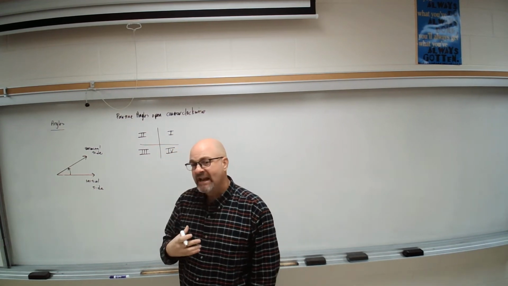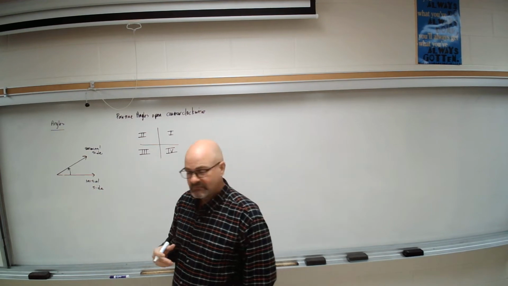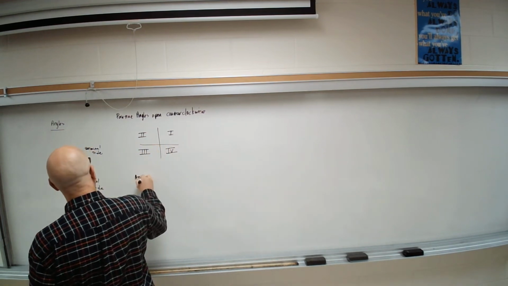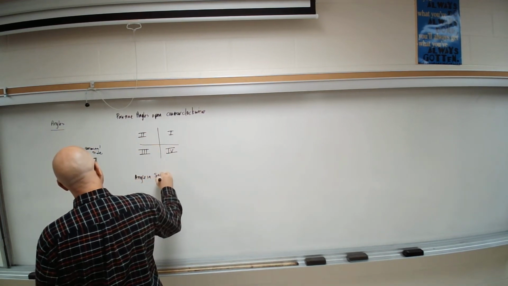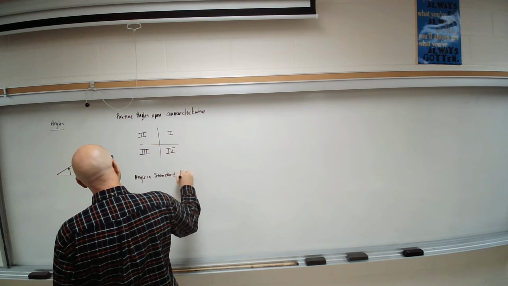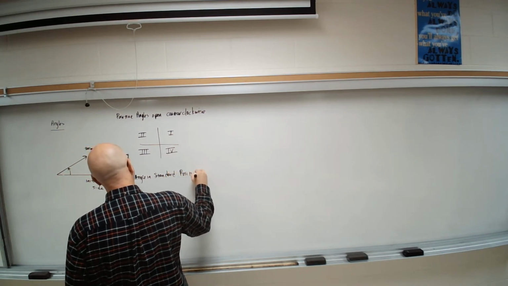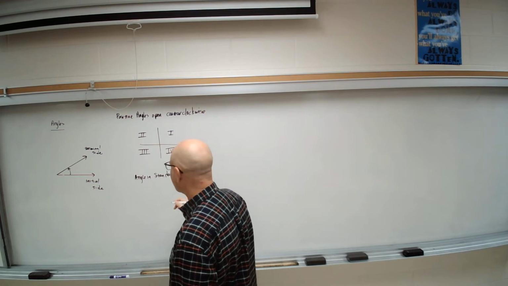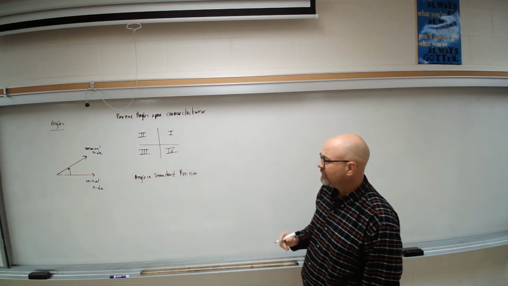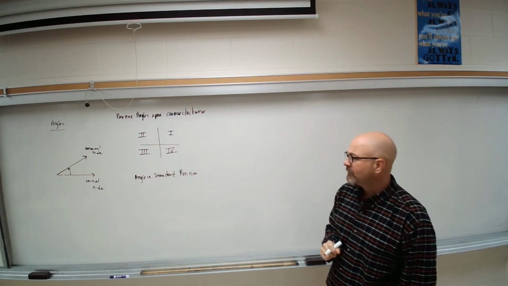We're most interested in angles in standard position. Okay. So an angle in standard position, and this would be good to jot down in your notes, just to make sure you can refer back to it. And just the act of writing it down can be helpful sometimes.